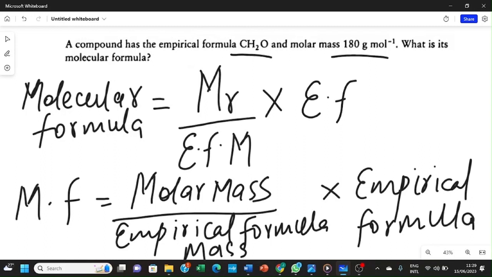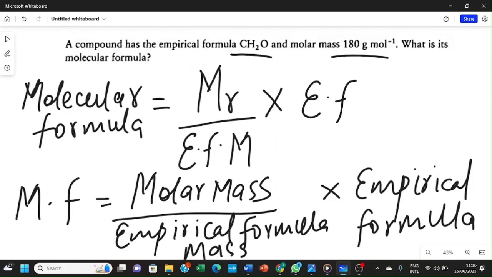So you can write it down. The molar mass over the empirical formula mass, which is the molar mass of the empirical formula, multiplied by the empirical formula. With this formula, you can solve any question that has to do with molecular formula, when you want to calculate the molecular formula of a compound or a molecule. Once you know the molar mass divided by the empirical formula mass, times the empirical formula.